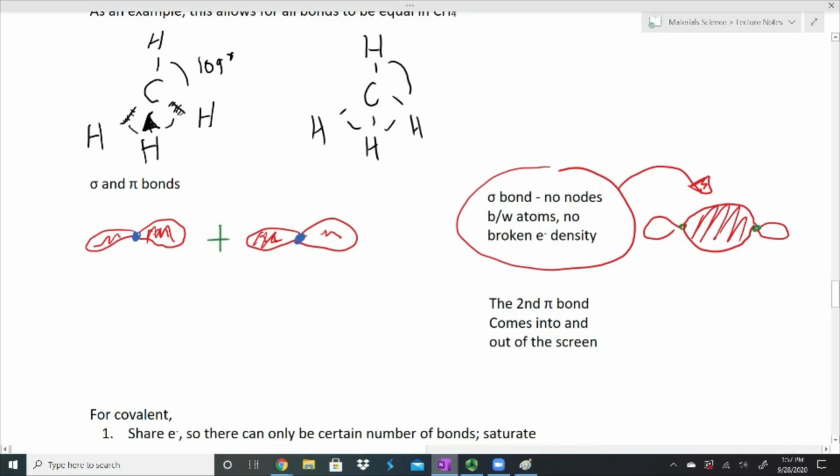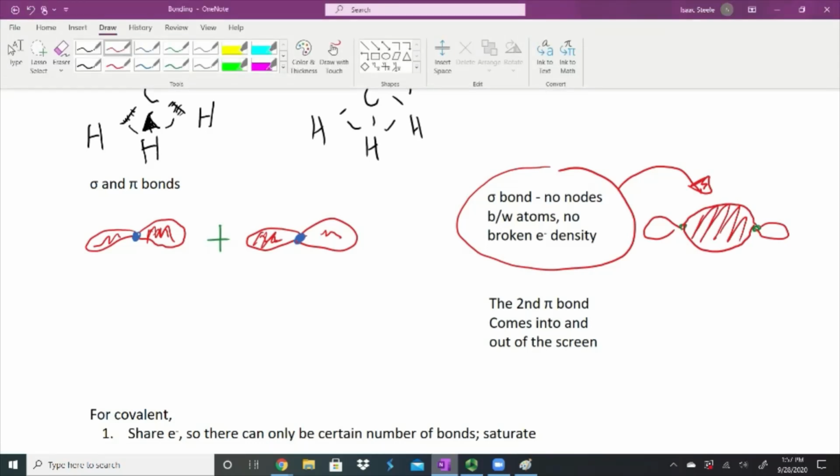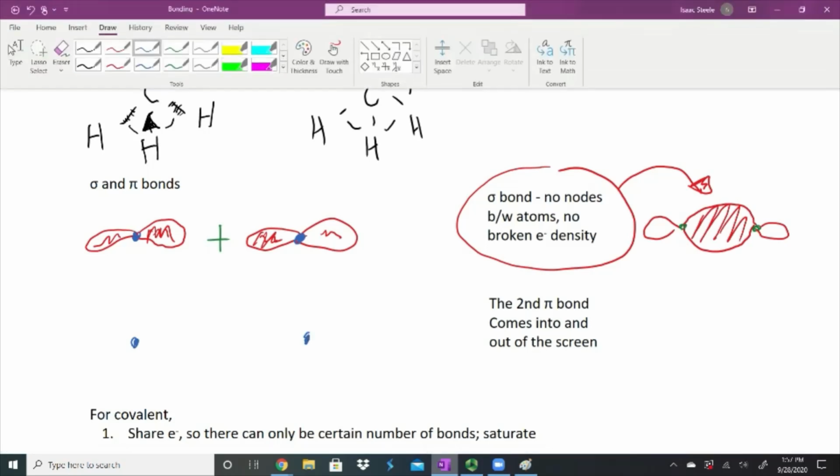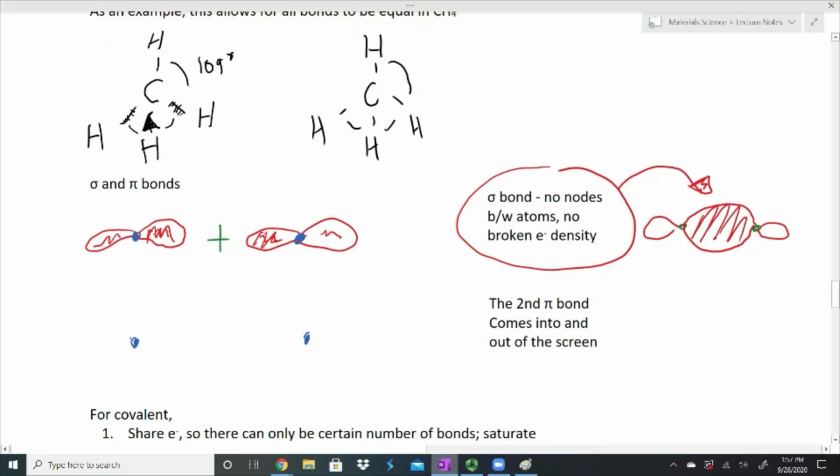My pi bonds are different. They're when I have a second bond or a third bond. And so I already have this sigma bond taken care of. And if I want to have a double bond or possibly a triple bond, what I'm going to do is say, all right, well, I have this additional bond.